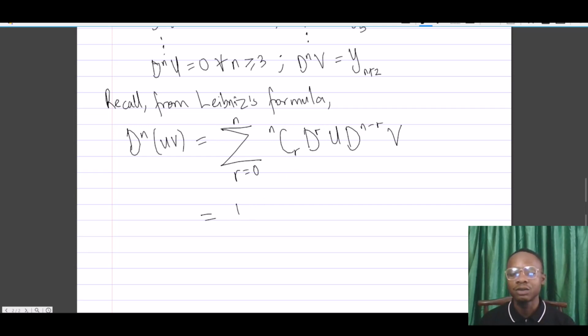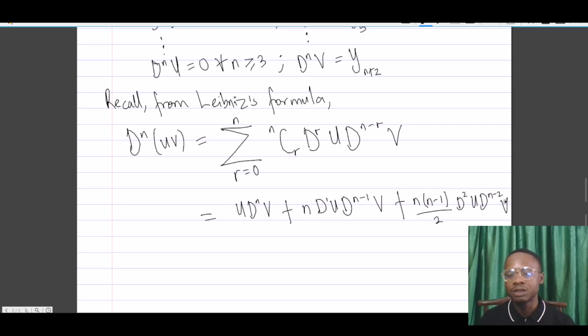The 0th derivative of u is just u, so this will be u multiplying the nth derivative of v, then plus the next one will be n combination 1, which gives us n, multiplying the first derivative of u multiplying the n minus 1th derivative of v, then plus n into n minus 1 divided by 2, times the second derivative of u, the n minus 2th derivative of v, then plus n into n minus 1 into n minus 2 divided by 3 factorial, which was 6, times the third derivative of u, the n minus 3th derivative of v, and then it continues like that up to n.